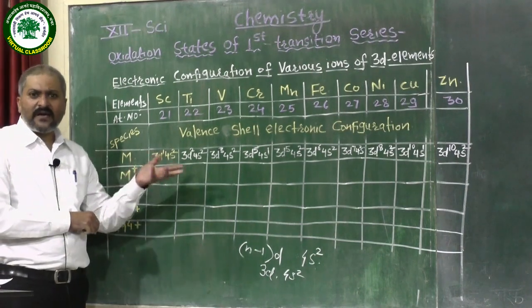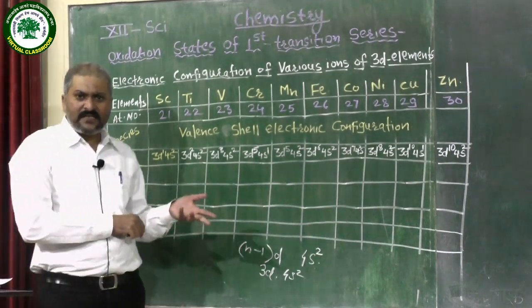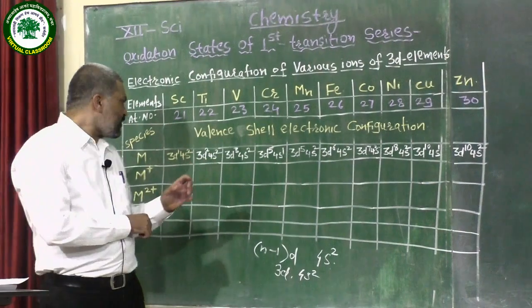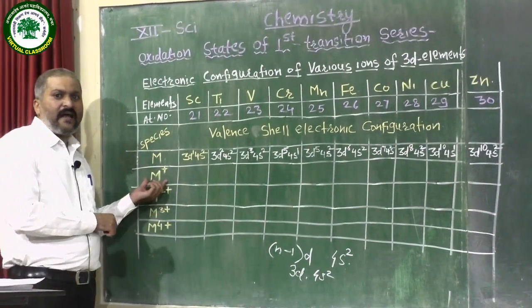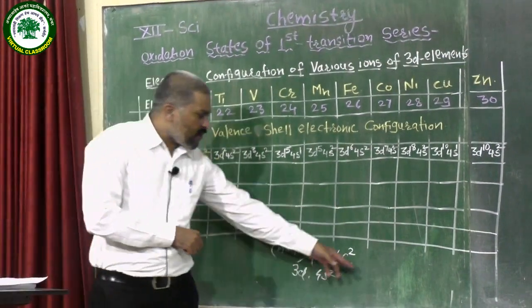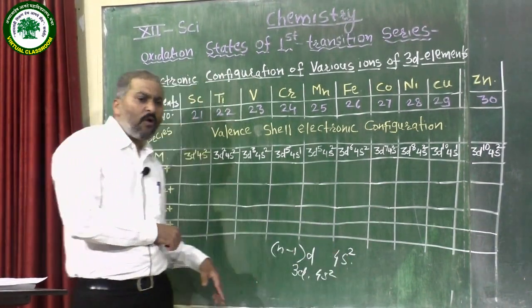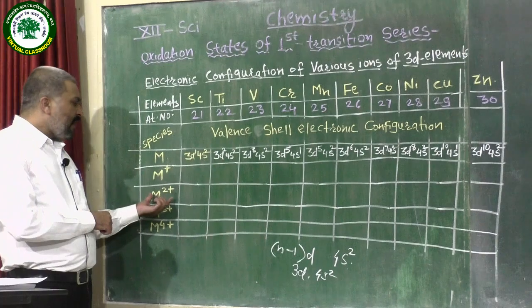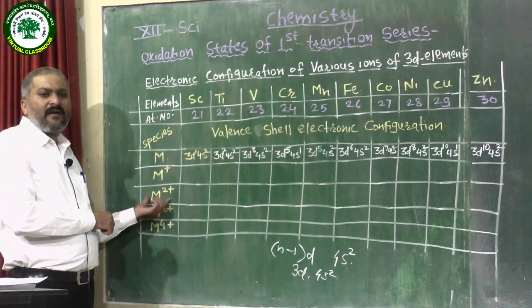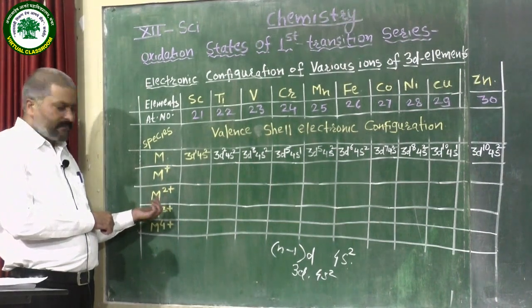M is nothing but any transition metal, and M+ means its monopositive state. When 2 electrons from the 4s orbital are lost or take part in bonding, we get M2+, the metal in its dipositive state.